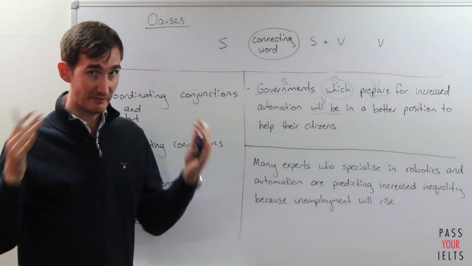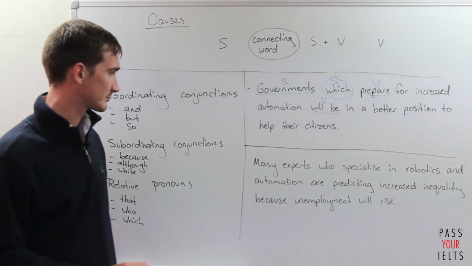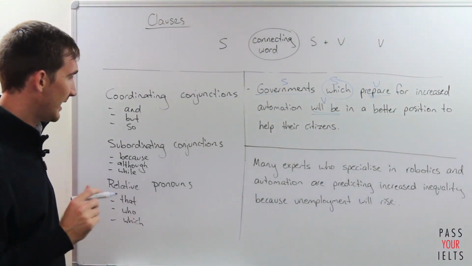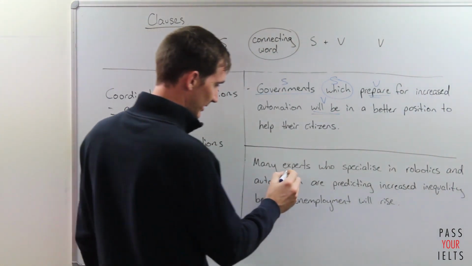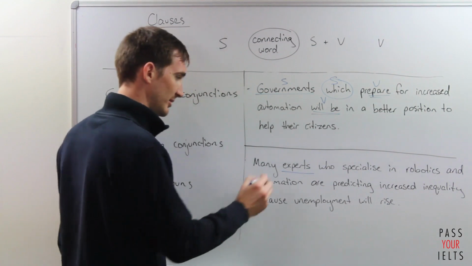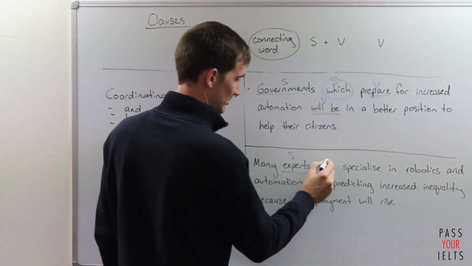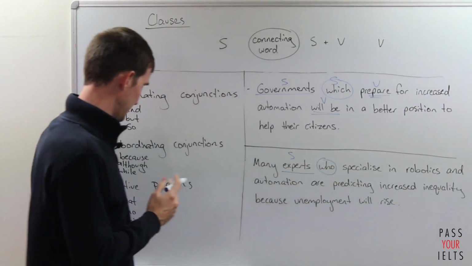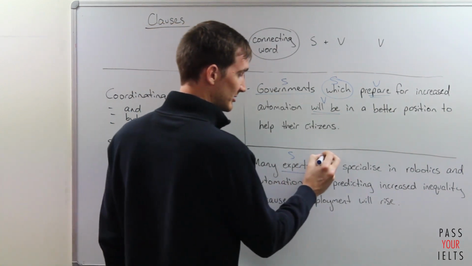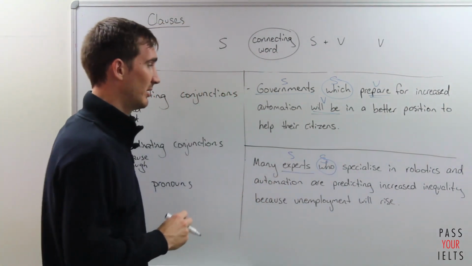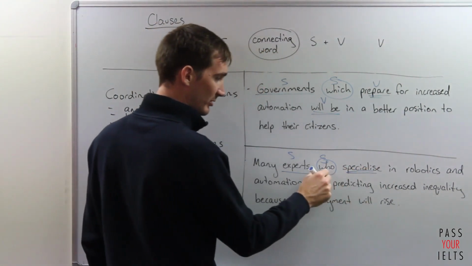So now let's put everything we've learned together and attack this final sentence. It says many experts. Alright, let's get the subject started. Experts. Subject. Who? Who is a connecting word. It's a relative pronoun. And who is referring directly to experts. So it is also a subject. Specialize. That's the verb for who.